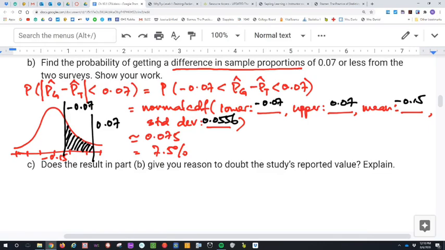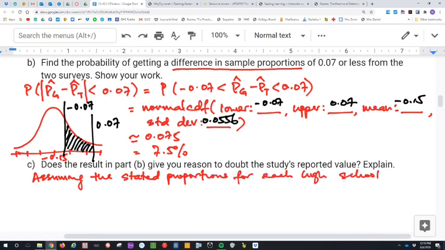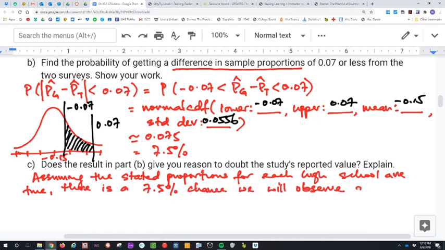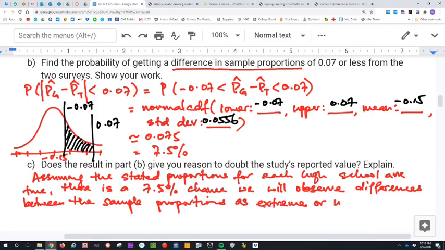Explain. Assuming the stated proportions for each high school are true, that is, 60% for Granger High and 75% for Taylorsville High, there is a 7.5% chance that we will observe differences between the two sample proportions as extreme or more extreme.